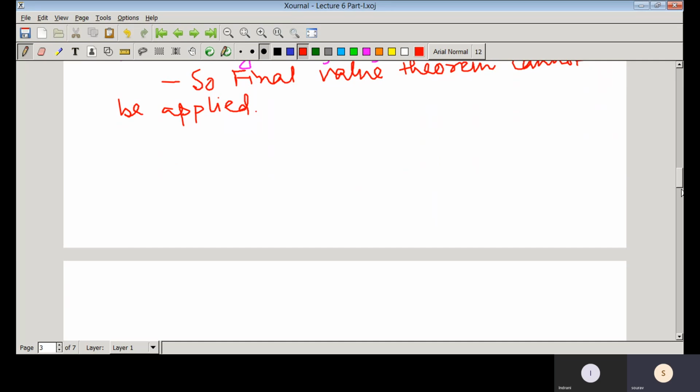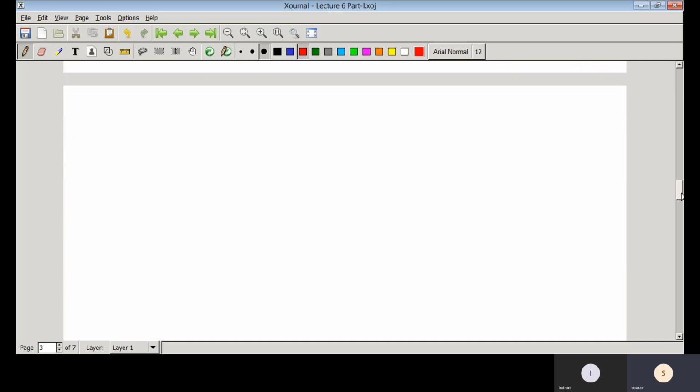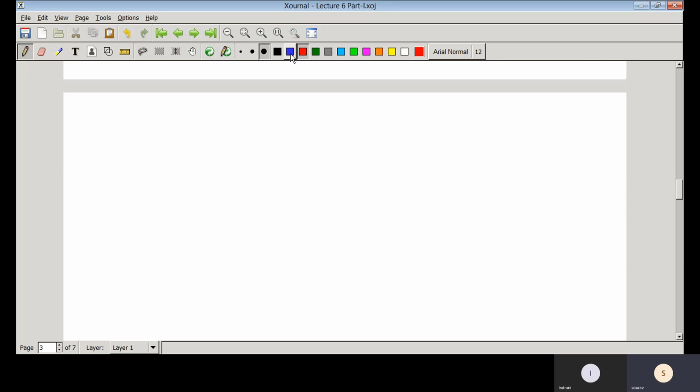So now let us take one example, and I would ask all of you to simulate this example in MATLAB. Then you can see what happens.